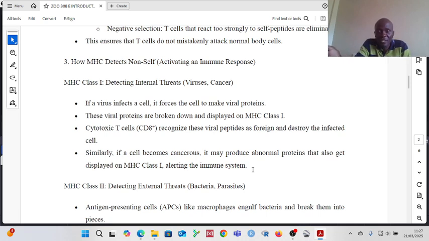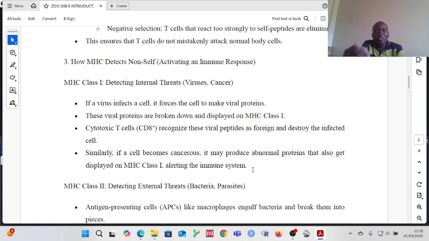Okay, on the opponent. So the MHC class 1 is charged with detecting internal threats because it deals with presenting proteins from inside the cell. Okay, inside the cell. If you remember HIV or any other virus, once they infect a cell, they make that cell begin making proteins for that virus.